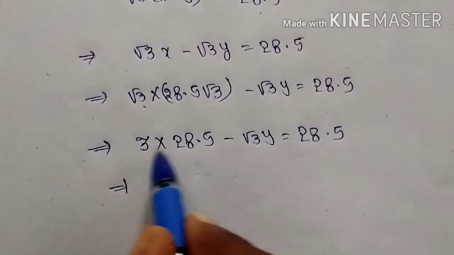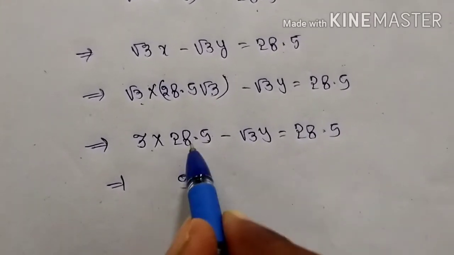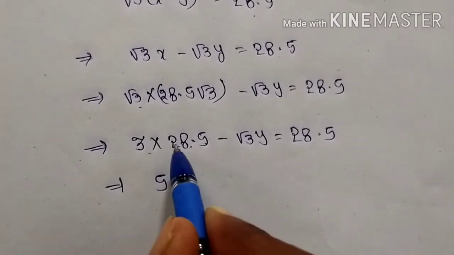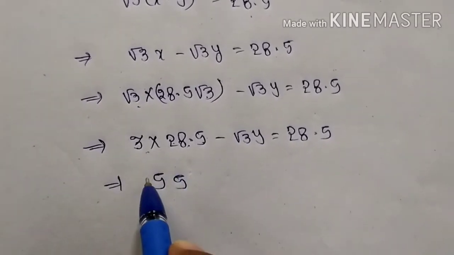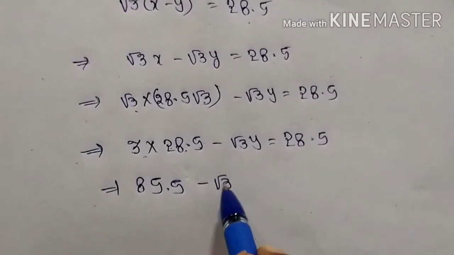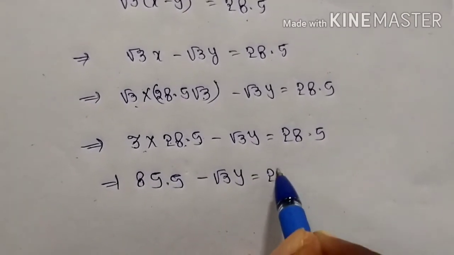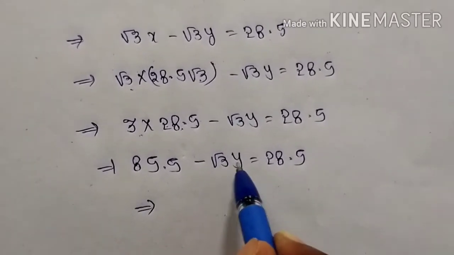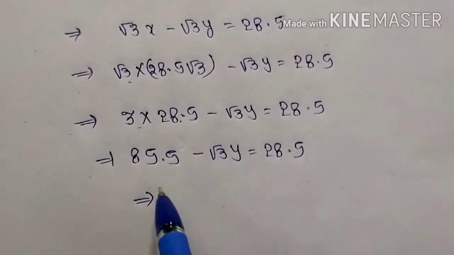You can simplify it. 3 5s are 15. 3 8s are 24 plus 1, 25. 3 2s are 6. 6 plus 2 is how much? 8. That means here 85.5 minus root 3y is equal to 28.5. Implies you can transpose root 3y to the RHS and 28.5 to the LHS.